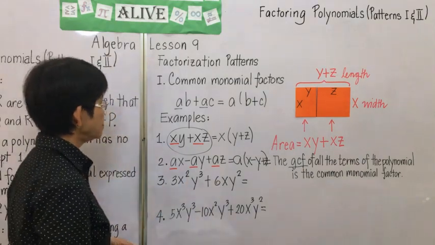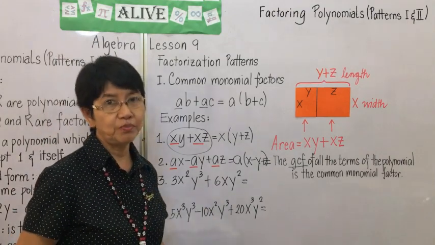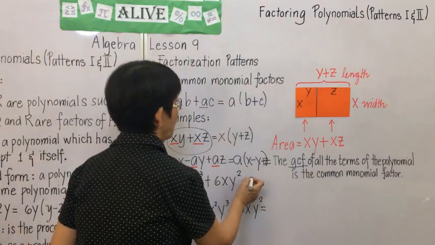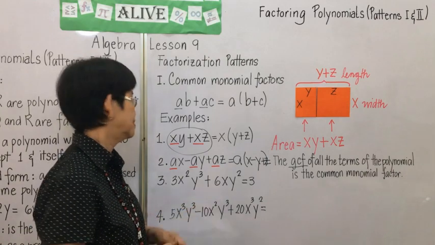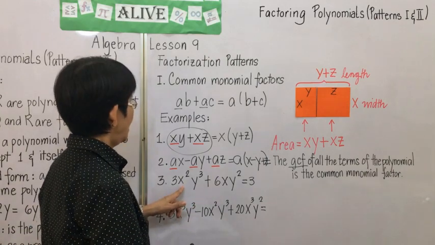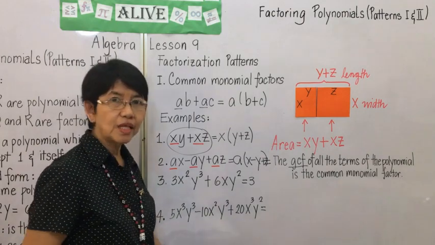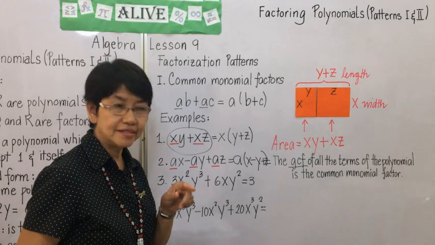So we have 3 and 6. Which number can divide both? So we have 3. 3 can divide 3 and 3 can divide 6. And then we have x squared and x. So what can divide x squared and x? It is x.